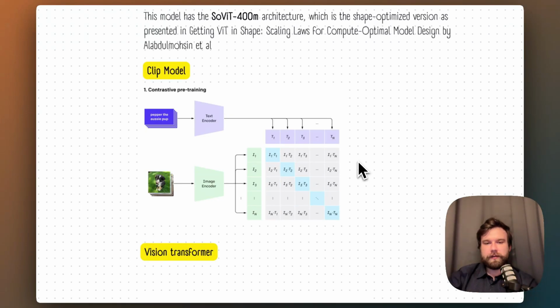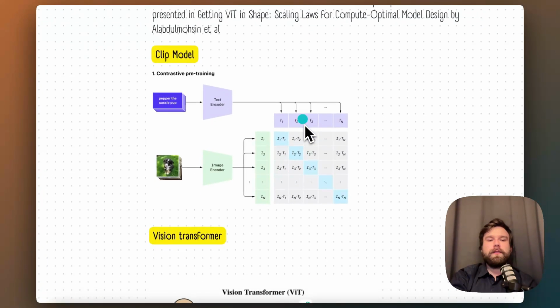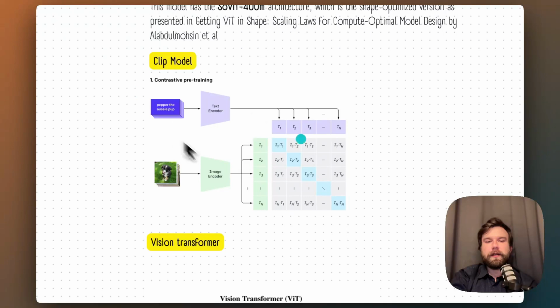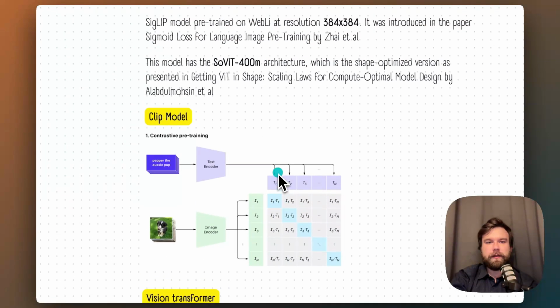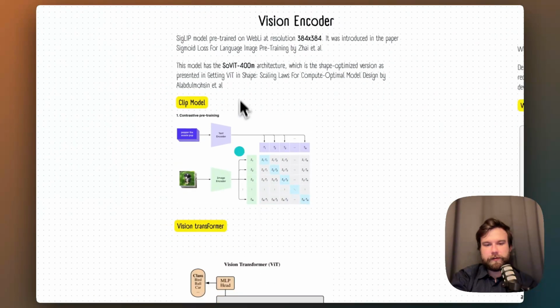And with other images and other descriptions, we tell the model those are not the same things. You should treat them differently. And through the iterative process, we are able to create very good representations by forcing the model to pull together similar representations, similar images, and push apart different images. So this is the CLIP model, and it is the basis of the SigLIP model that they use.